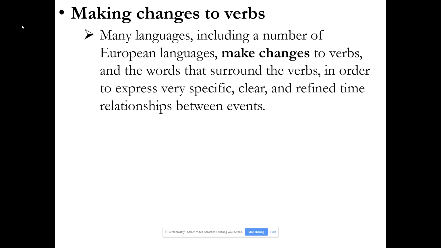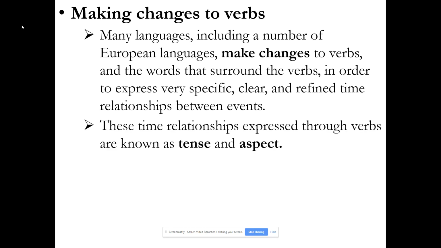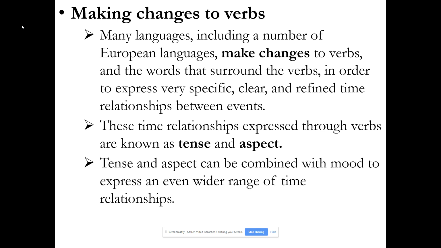There are other ways to do this in languages, of course, but many European languages make changes to the verbs. That's how they express time or time relationships between events. These time relationships expressed through verbs are known as tense and aspect.